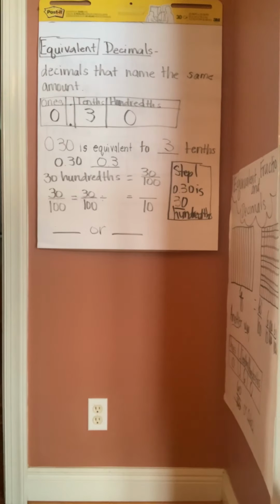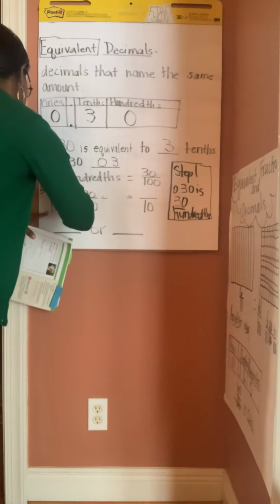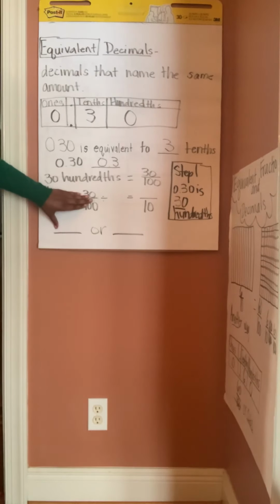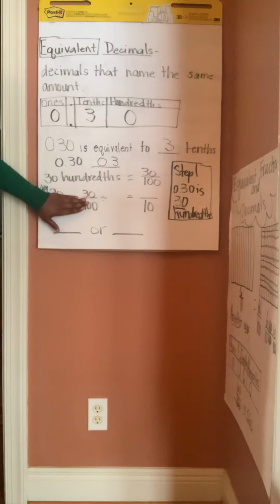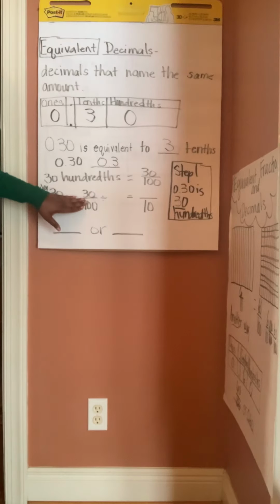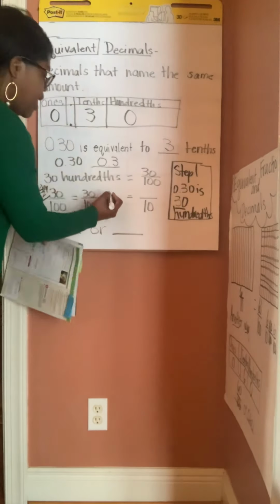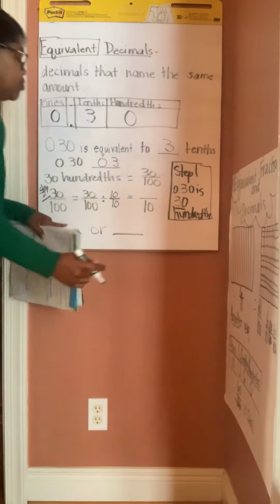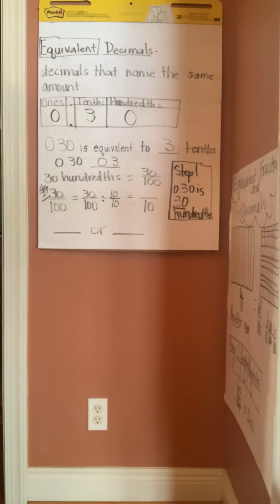That brings us to step 2. Okay, and again, we're on the bottom, step 2 on page 352, right above share and show. 30/100 equals 30 hundredths. In order to change this to tenths, we will divide by 10 over 10, okay? So if I want to change my hundredths to tenths, I've got to divide by 10 over 10, okay?